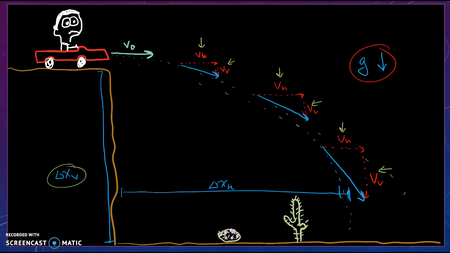It'll actually hit the ground at the same time as if you took just a rock and dropped it off the cliff straight down. Okay, those two will take the exact same time to hit the ground. And then, knowing the time it takes to hit the ground, we can say, okay, well, that's how long it has to move horizontally.